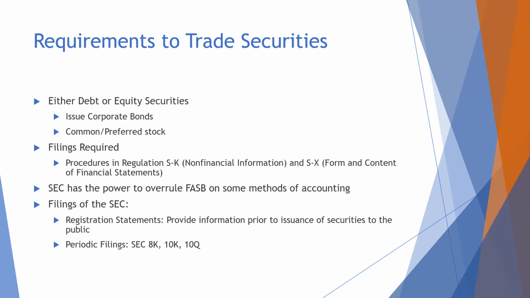They have to provide a lot of non-financial information about their company, the mission, vision, goals of the company, as well as they have to follow a specific form and content of the financial statements that are required to be submitted for approval that are read by potential purchasers of these bonds and stock.